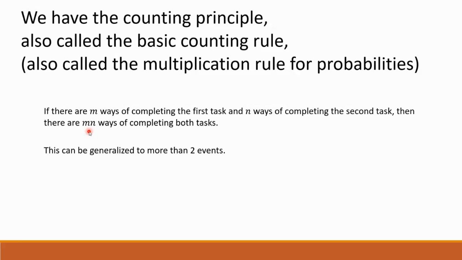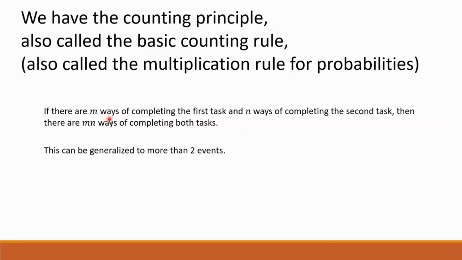Let me say it again. If there are m ways of completing the first task and n ways of completing the second one, then there are m times n ways of completing both tasks. So for instance, if you're rolling a die and you read off the number you roll, that would be your first task. There are 6 ways you can complete that task.